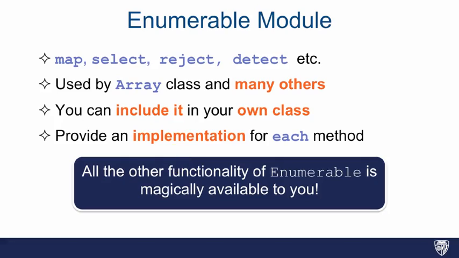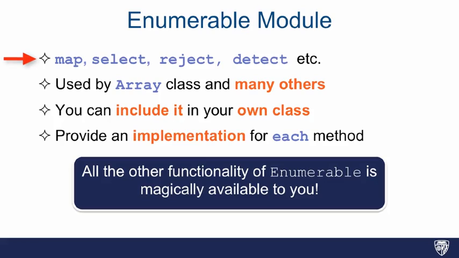So where it gets really interesting is that you could include built-in modules from Ruby itself. When we discussed arrays, I mentioned that arrays have methods like map, select, reject, detect, and so on. So actually the arrays themselves don't really have those methods.